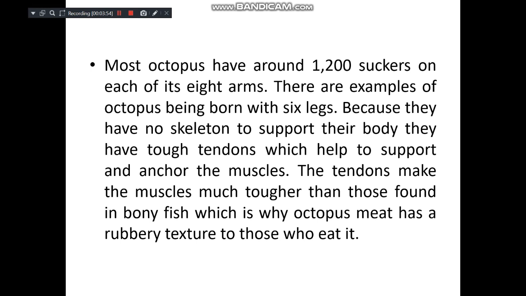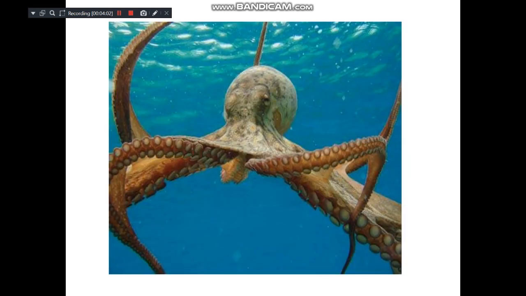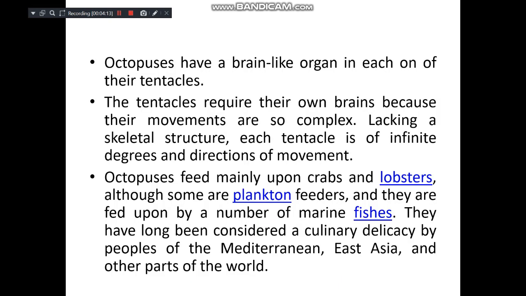Usually people do not eat the octopus because octopus meat has a rubbery texture. See, this is how the octopus appears in the ocean. Even on each side of the tentacle, the octopus has a brain-like organ.